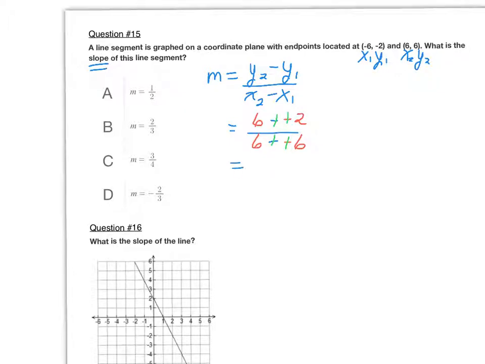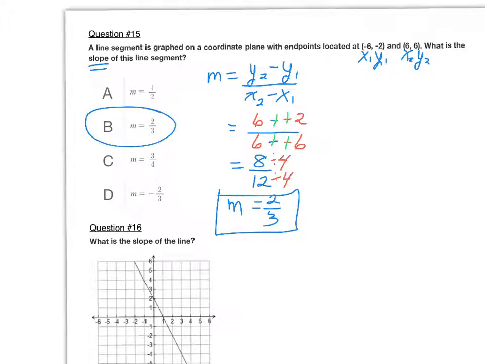So we get 6 plus 2 is 8, 6 plus 6 is 12. We can divide both of these. The biggest number you can divide them both by is 4. And so we get a slope. 8 divided by 4 is 2. 12 divided by 4 is 3. So answer B is our correct answer.